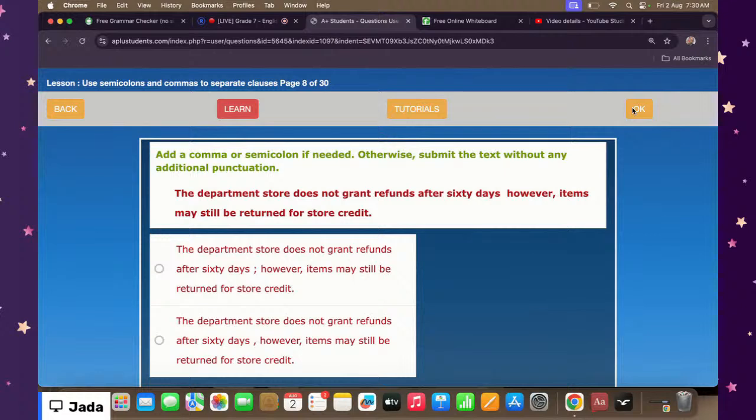The department store does not grant refunds after 60 days. However, items may still be returned for store credit. We have a conjunctive adverb, so we will put our semicolon in between "days" and "however."